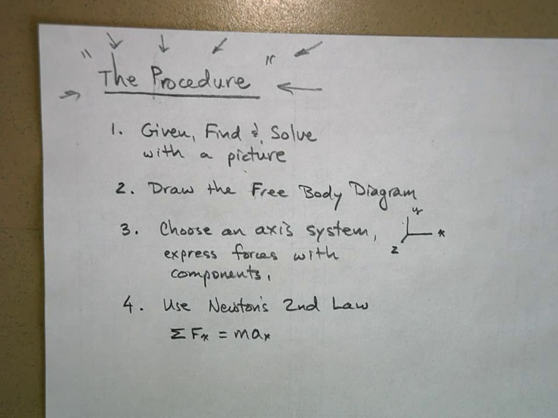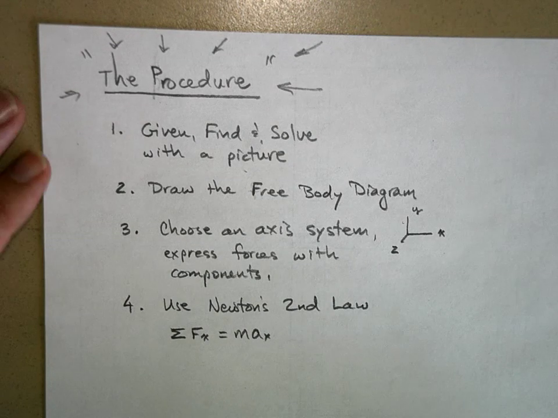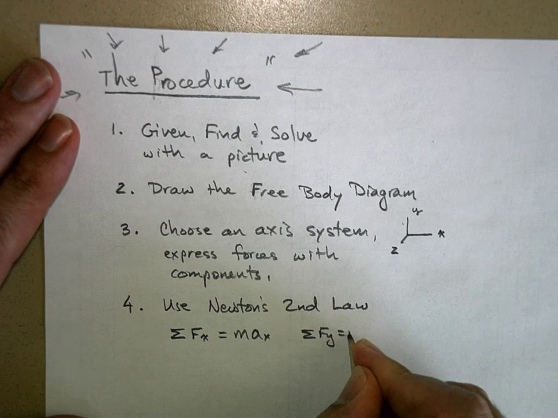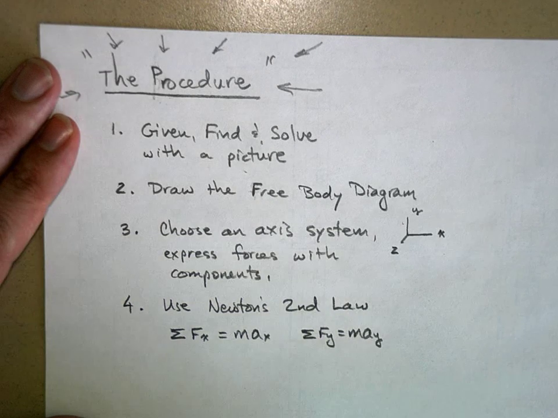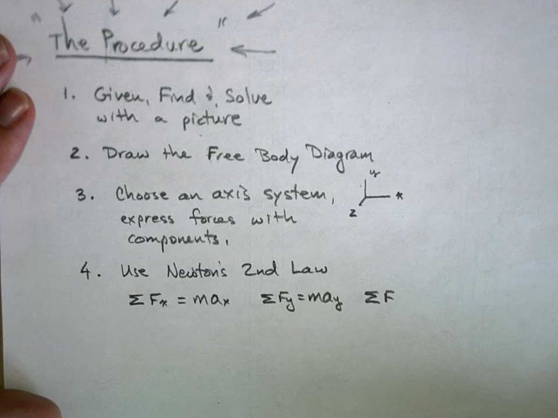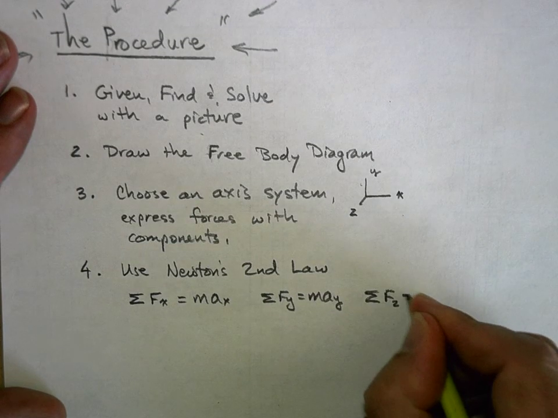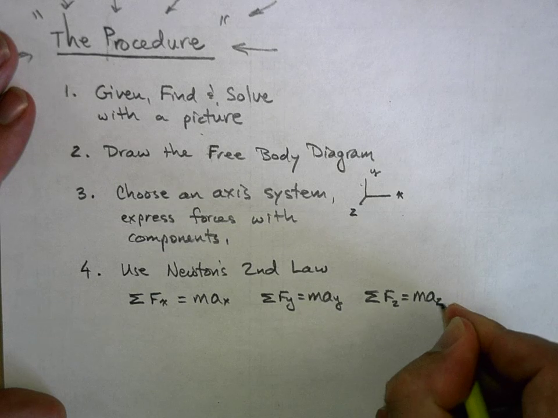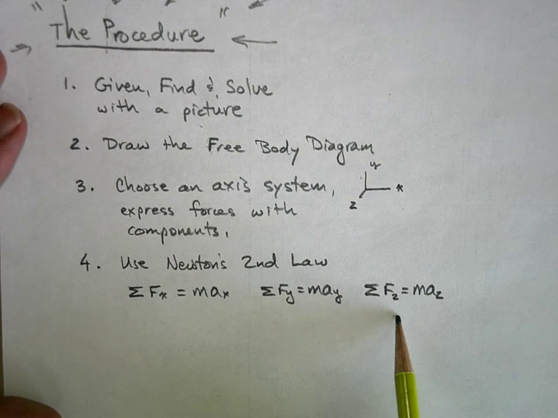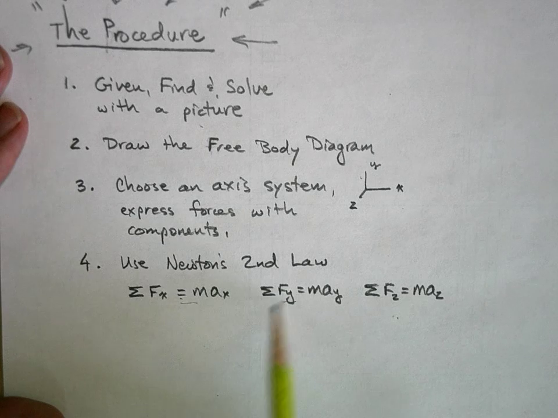That'll give you an equation that you can use to solve problems. Sum the forces in the y direction equals ma in the y direction. Sum the forces in the z direction will equal ma in the z direction. Again, you probably won't have to do this very often, but you might have to do both of these.